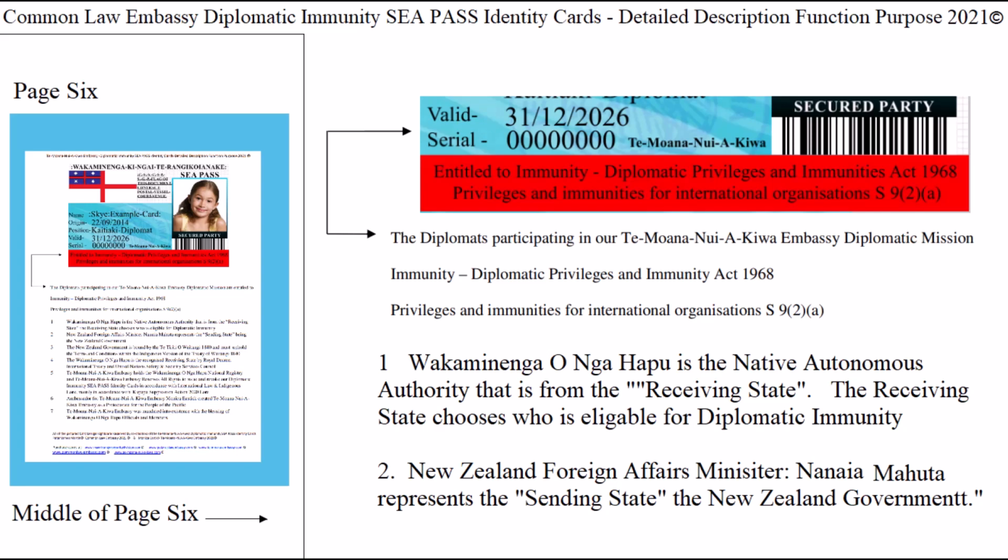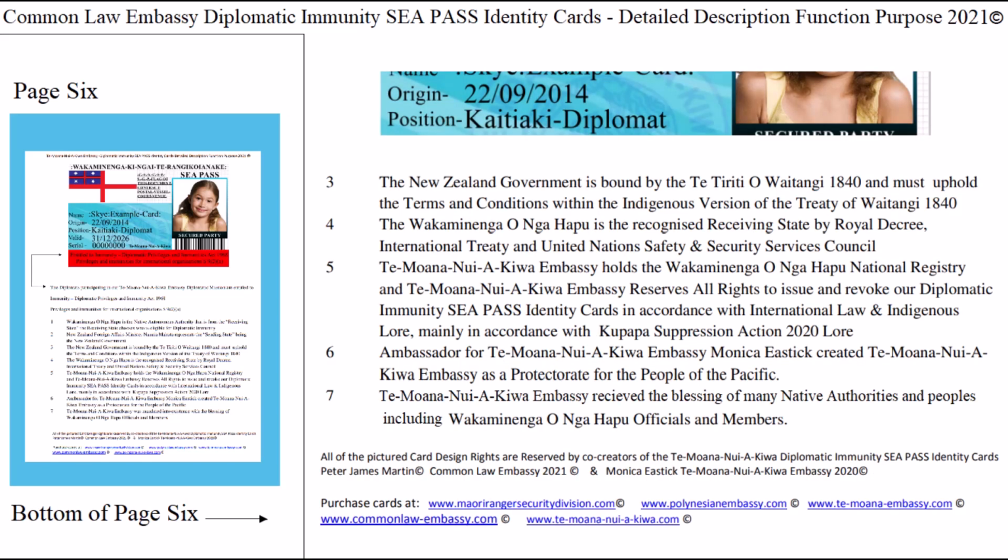Basically, international covenants protect us in our diplomatic mission, and an embassy is also a protectorate, and the native people, Indigenous people, have the right to be protected by us, and they have chosen to do that by purchasing a card from us.